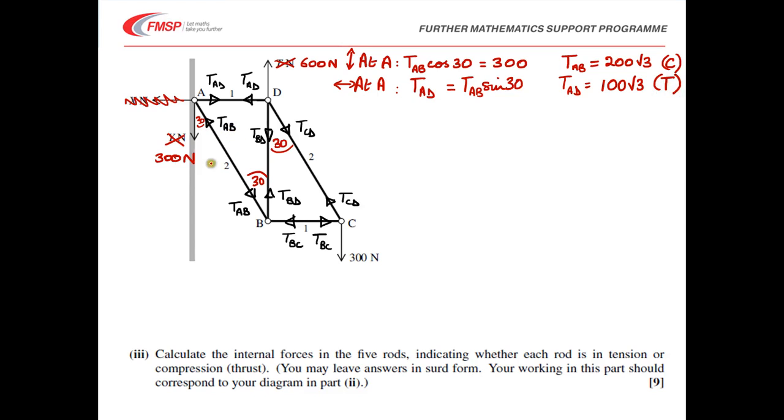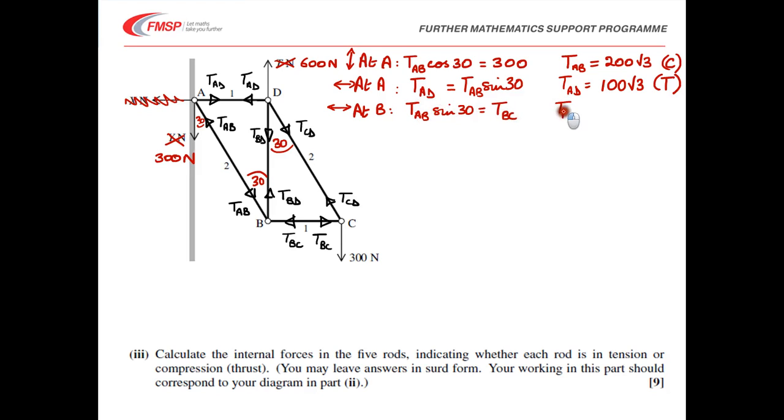Let's move ahead from there and take a look now at point B. We know this force TAB here. That's going to enable us to find TBC and TBD. So let's first of all work horizontally at B. Working horizontally at B, we've got TAB sine 30 is going to be equal to TBC.